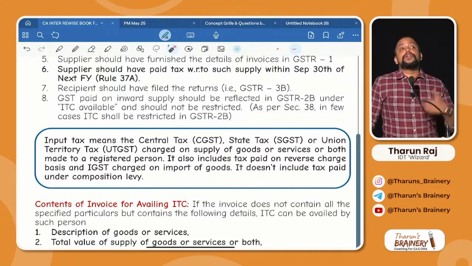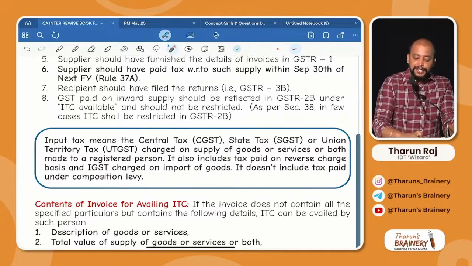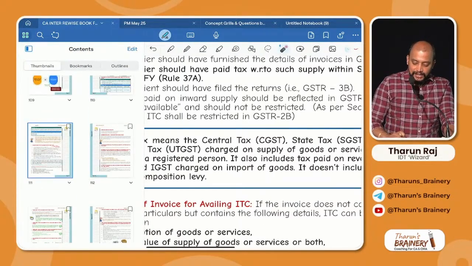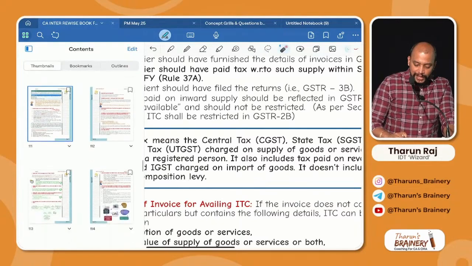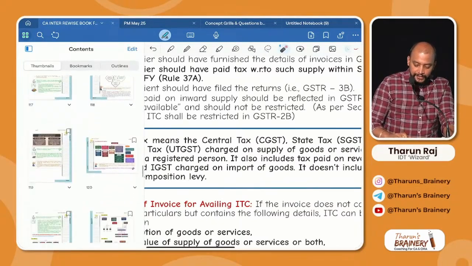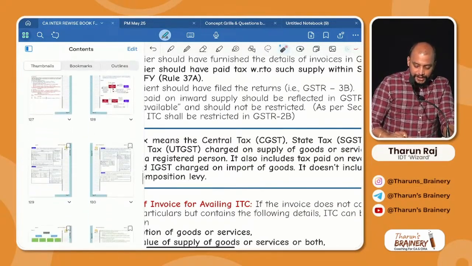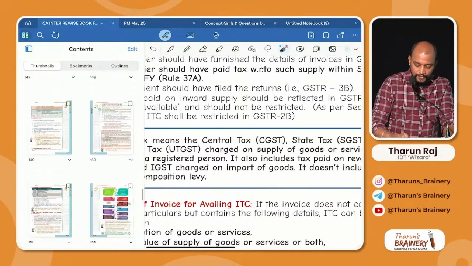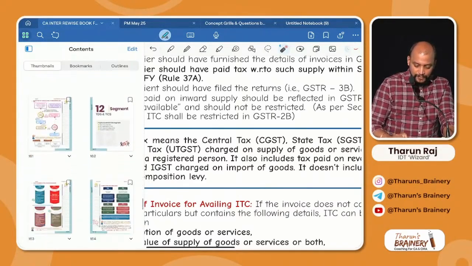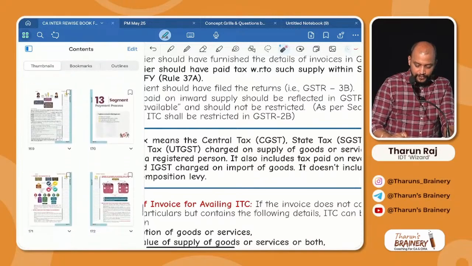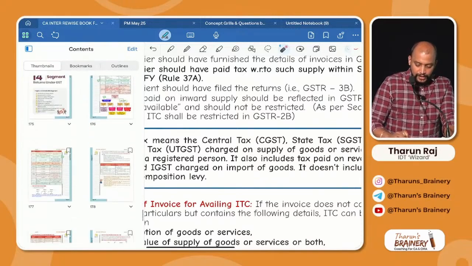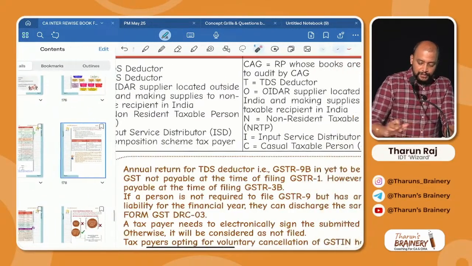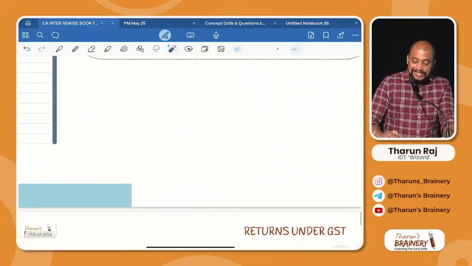What are those few cases where ITC is restricted in 2B? That is given in section 38, which you can see in the returns chapter. You just take the page number 166.